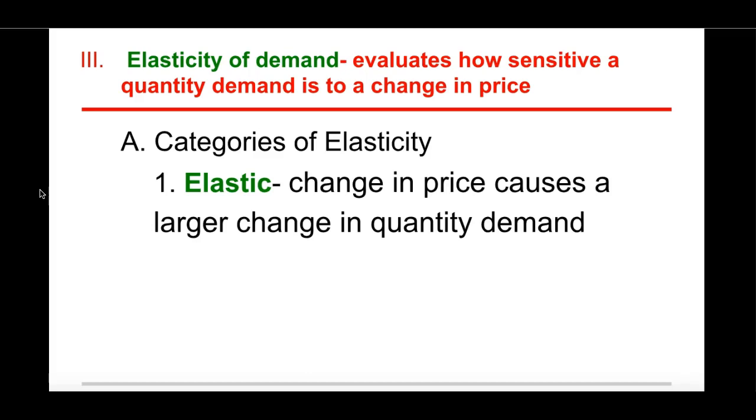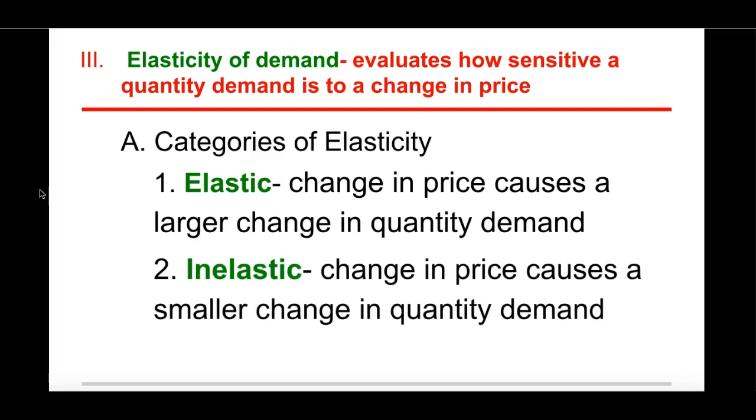Black Friday, day after Thanksgiving, people freak out and go to Best Buy and stores like that because why? Oh my gosh, there's this great sale. And people freak out because they are very sensitive to a change in price with elastic. They care what happens to the price. So that's elastic. Our reaction stretches a lot like a rubber band.